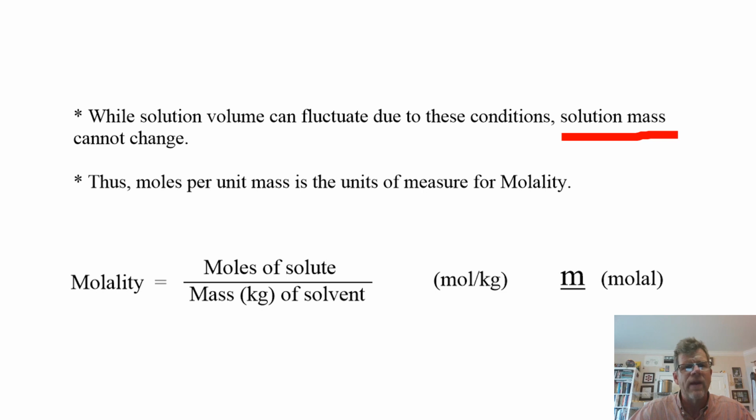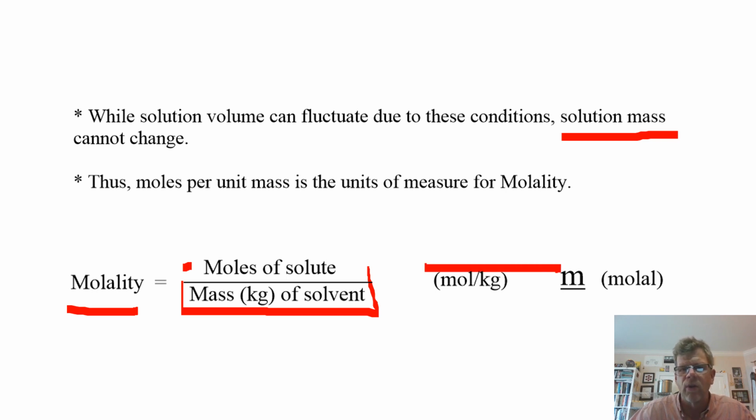So this new way of looking at concentration, that of molality, is still moles of solute in the numerator, but we change the denominator from liters of solution to kilograms of solvent. So the units of measure for molality are moles per kilogram. Whereas we represented moles per liter in molarity with a capital M with a line under it, the molality is a lowercase m with a line under it.